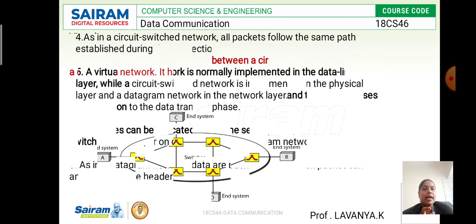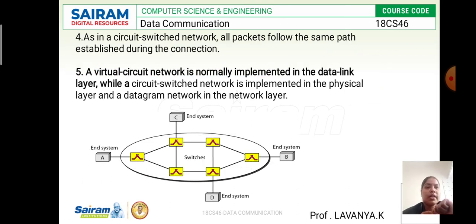Then look at this virtual network. It is a combination of both circuit and datagram. Here the data link layer is implemented normally in the virtual circuit network. The physical layer as well as the datagram network interconnect with multiple nodes, that is, the end systems, and every time the data or the packet is transferred to the switch.